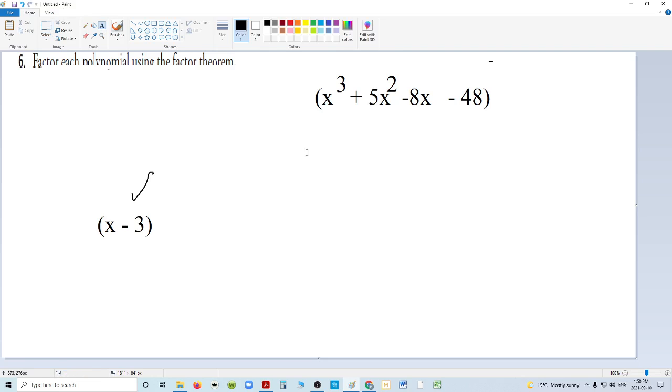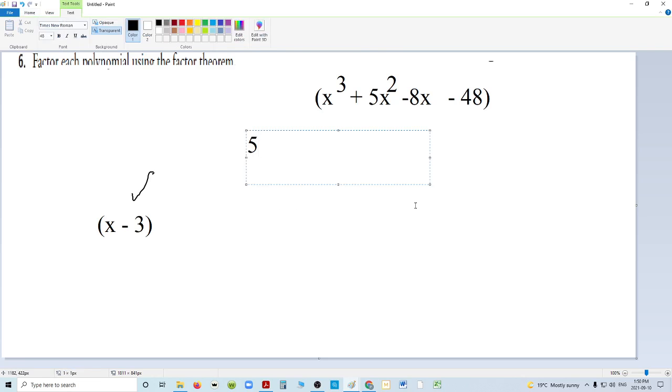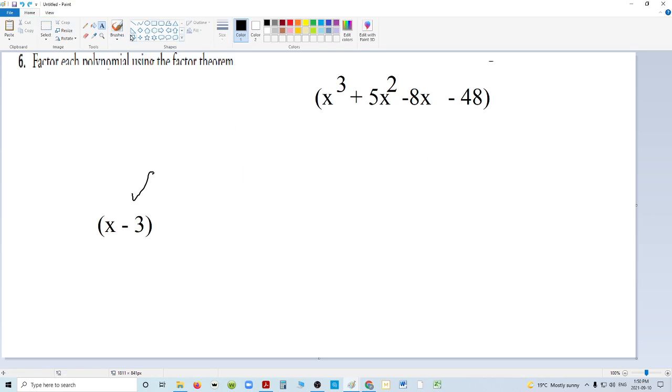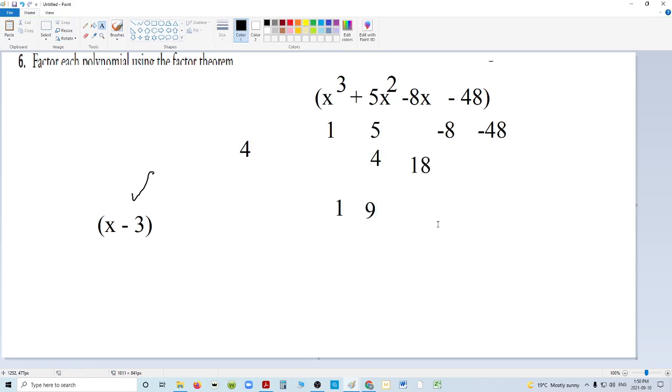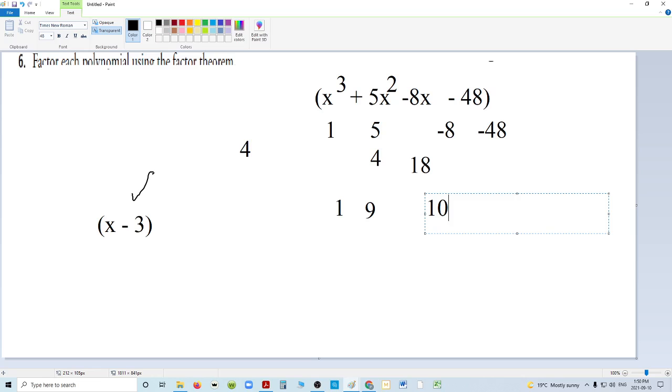And we're going to jump straight to 4, and we're going to use synthetic division instead of what we were doing, because it's pretty fast. And again, I should have kept all my numbers here. Okay, so we go 1, multiplied out I get 4, get 9, multiplied out I get 18, add them together I get 10, and right away I can see that 4 is not going to work.